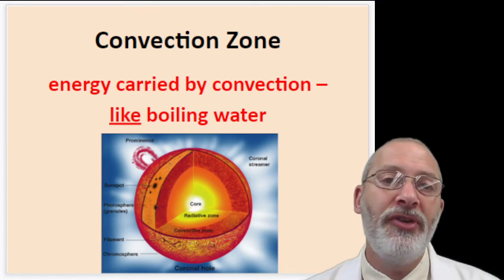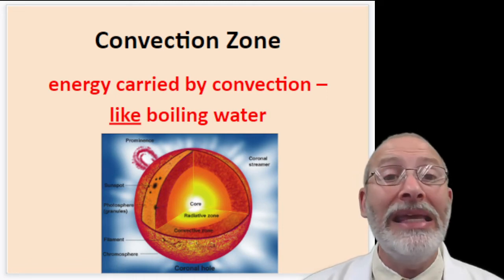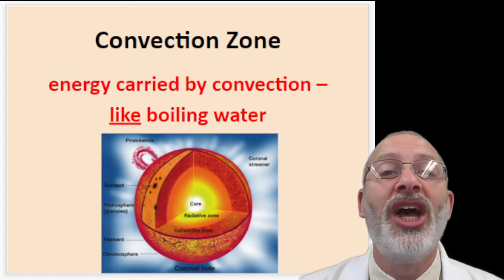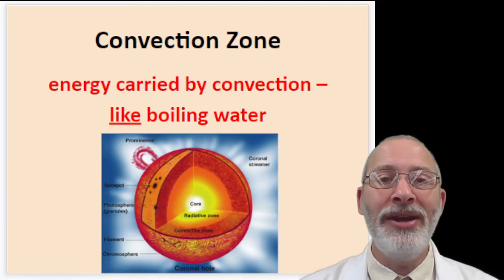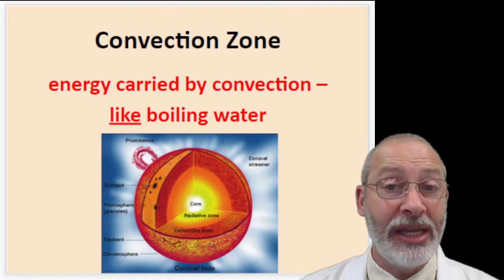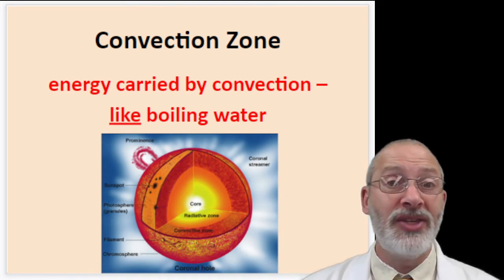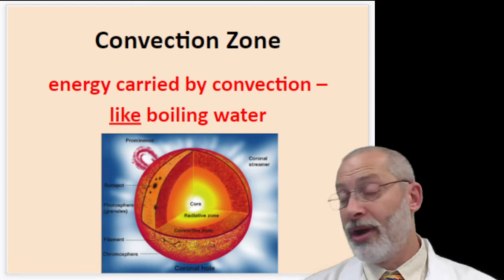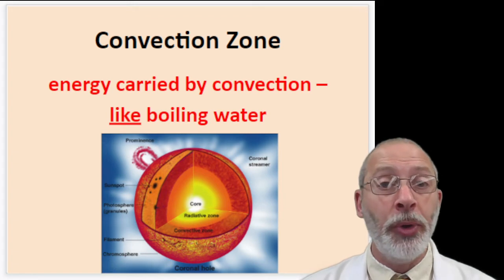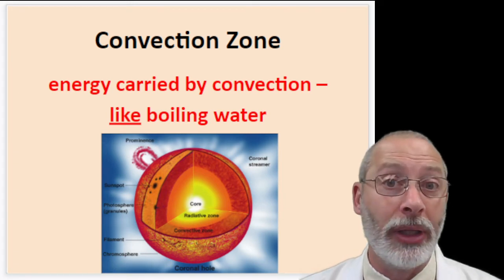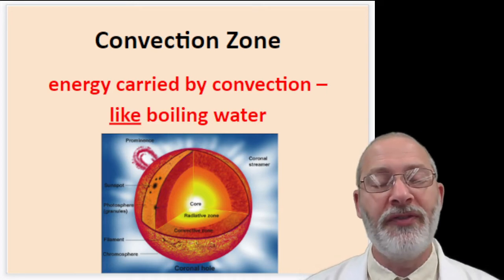And the reason for that is something we learned about earlier in the year when we talked about heat, and that is convection. Convection is when energy, in particular heat energy, is transmitted through a substance. Now, here on Earth, that heat energy is typically transferred or moved through a liquid like boiling water or the air in the room or the atmosphere.